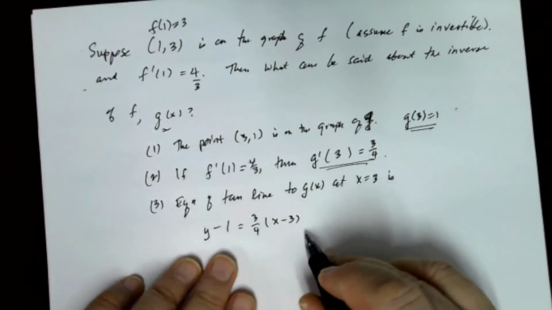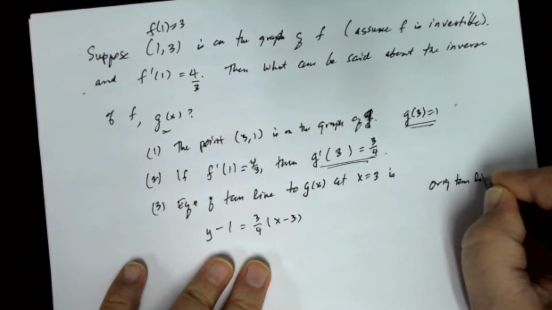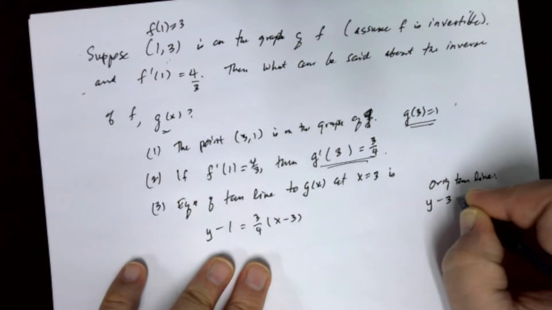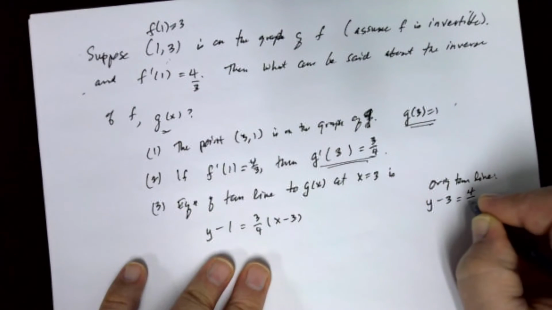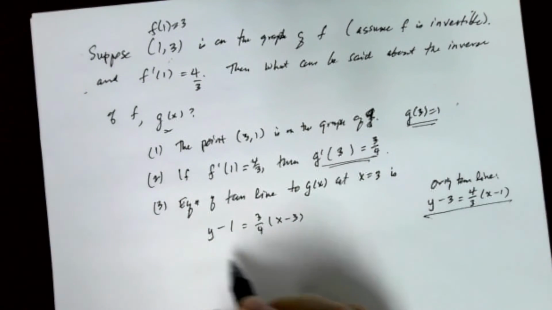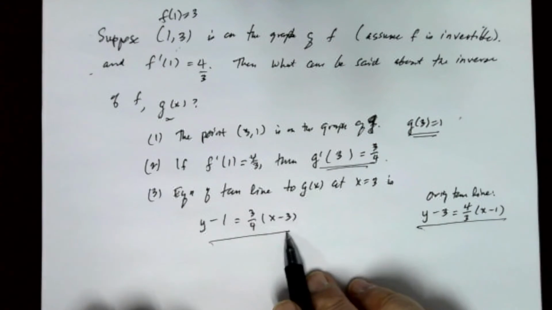So just as a point of comparison, what's the tangent line to the original function at the point (1, 3)? It would be y minus 3 is equal to 4/3 times x minus 1. Good. And so that's the relationship between the original function and its inverse.